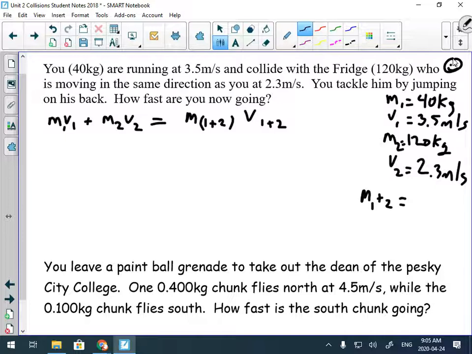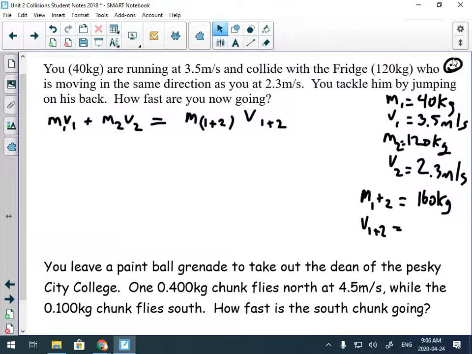That equals 160 kilograms. So we're trying to solve for the velocity of how fast you're going when you're on his back. Okay, so what we know is we know this, we know this, we know this, we know this, and we know this. Okay, what we don't know is this.